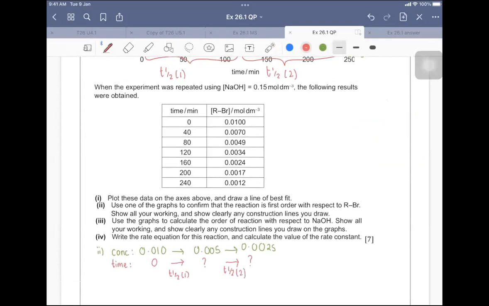Please pause the video here and work out the value of the half-life, and then you will conclude. You are to confirm that the reaction is first order. If it's first order, then you should expect the half-life to be constant.